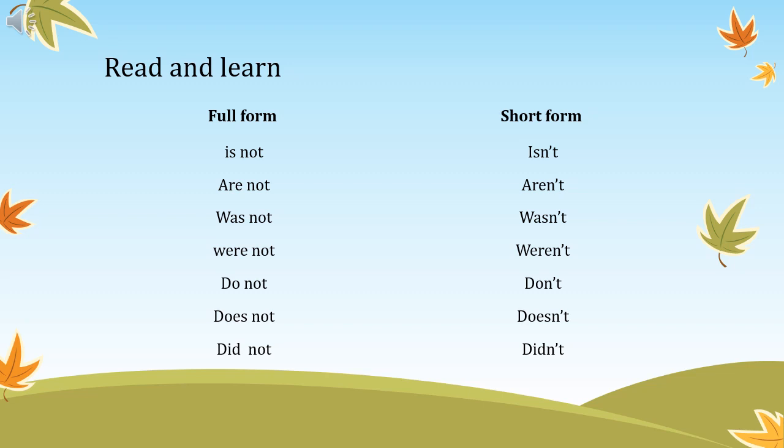Let's read these words with me. Is not, isn't. Are not, aren't. Was not, wasn't. Were not, weren't. Do not, don't. Does not, doesn't. Did not, didn't.